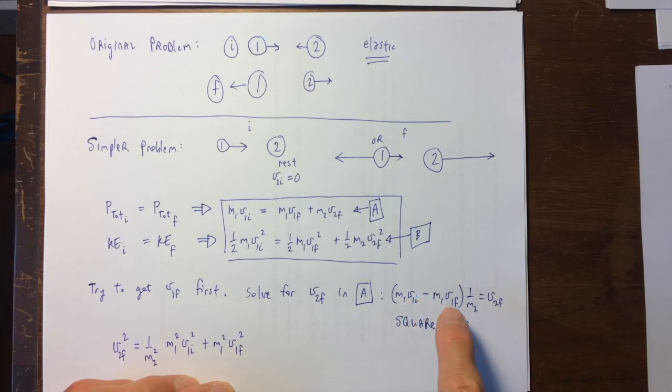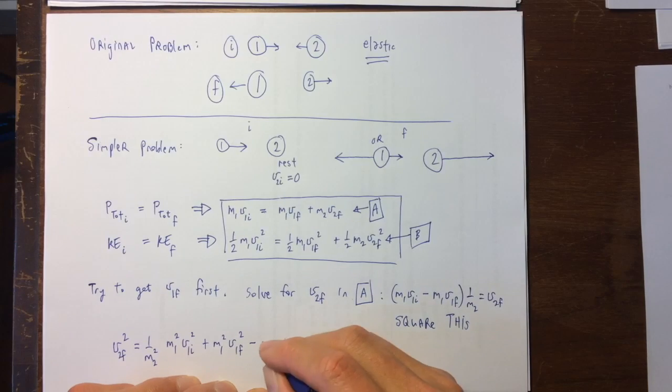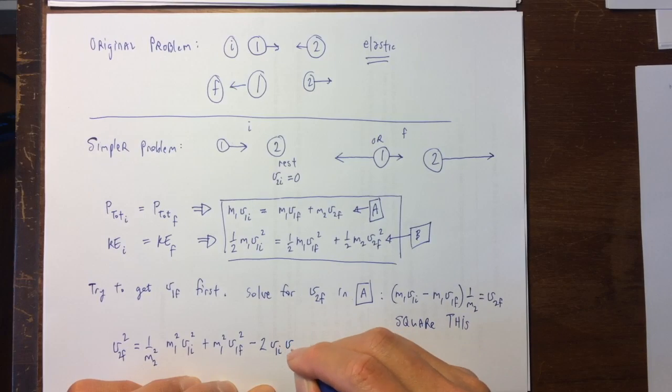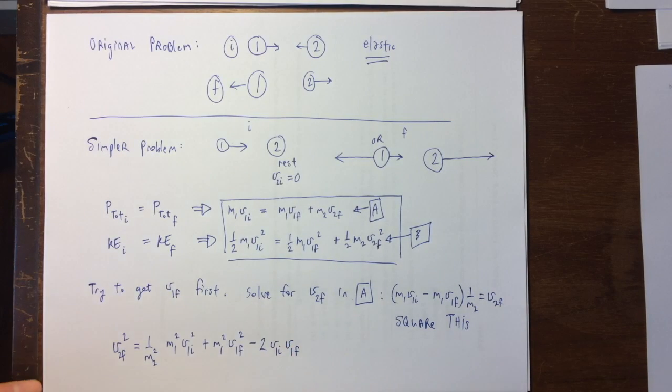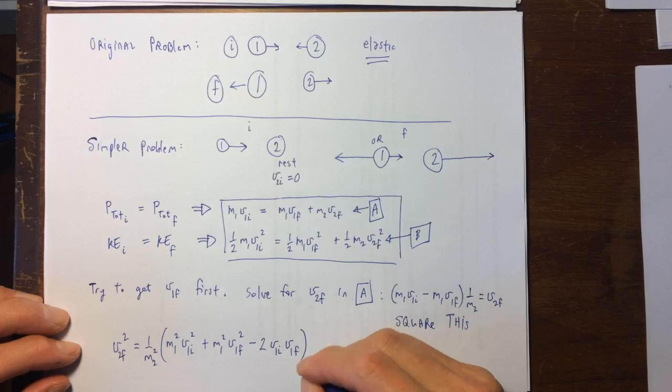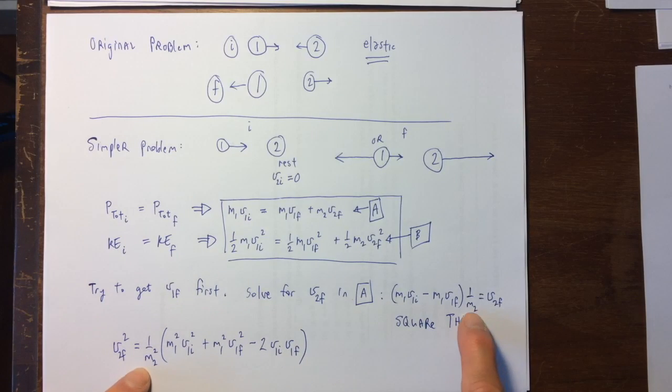So this squared plus this squared minus, or plus, 2 times this times that. So this is the FOIL, so you get minus 2 V1 initial V1 final. And that is all multiplied by this 1 over M2 squared.